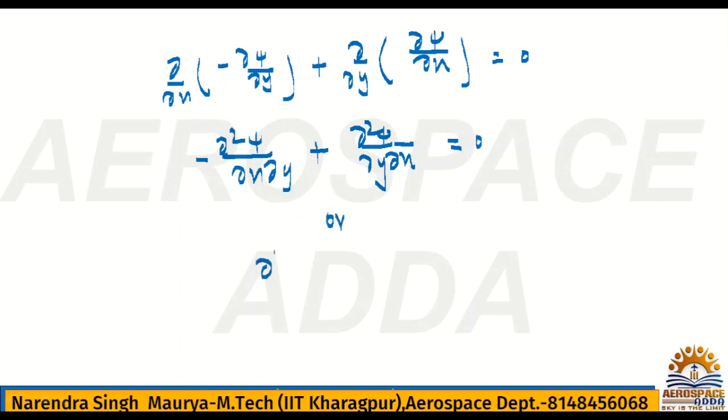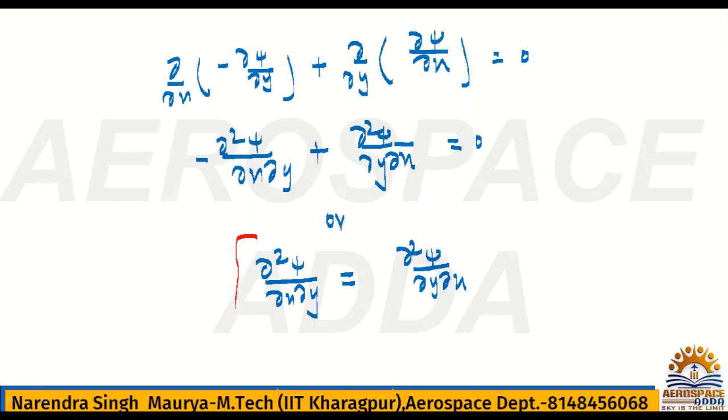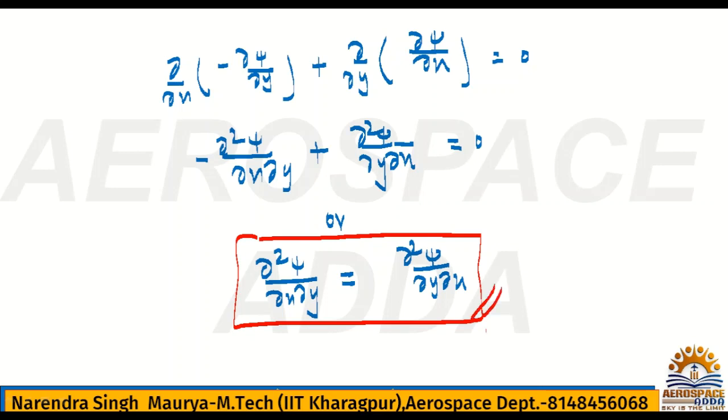What is this? Let me put it in a box. Okay, what is the mean of it? Simple meaning is very clear. This now, stream function is satisfying the continuity equation. Okay, so what is the conclusion part here?